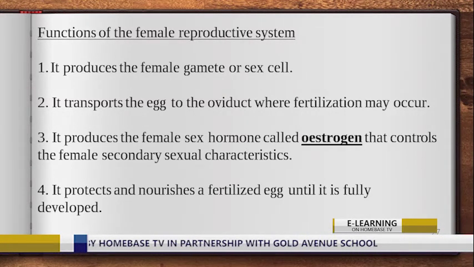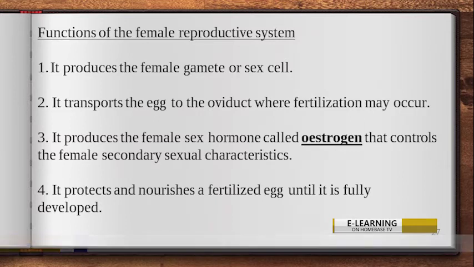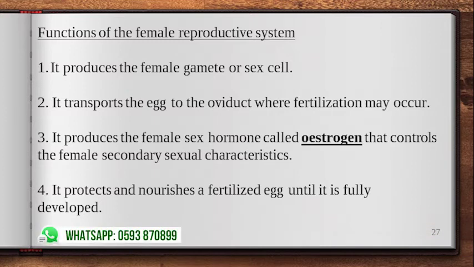Let's go over the functions of the female reproductive system again. 1. It produces the female gamete or sex cell. 2. It transports the egg to the oviduct, where fertilization may occur. 3.